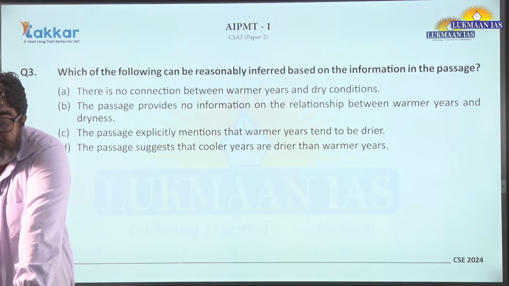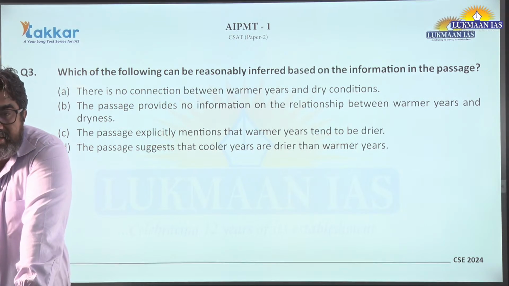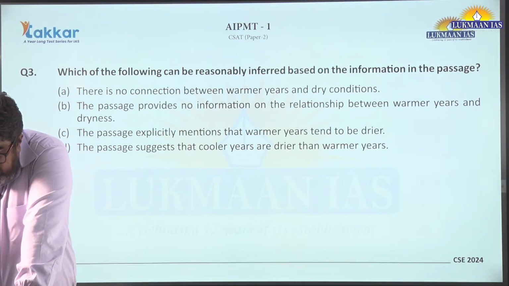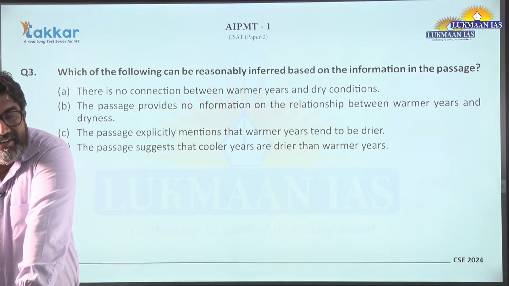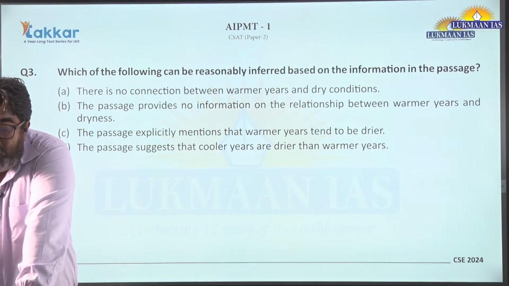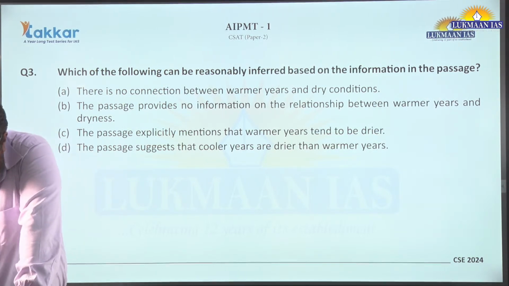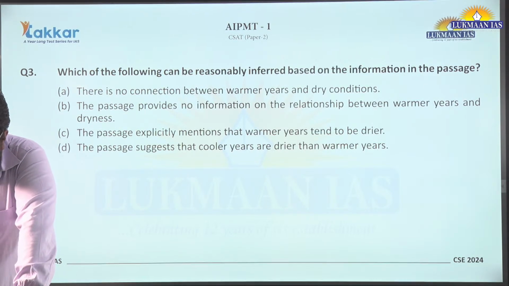Now, if we come to question 4. Tropical regions are always cooler than other regions. No, sir. The passage states that because of their warmth, tropical regions are at risk. So it contradicts option A. Option B does not provide any information, but the passage is describing the temperature characteristics of tropical regions. It does describe them, so B is incorrect.